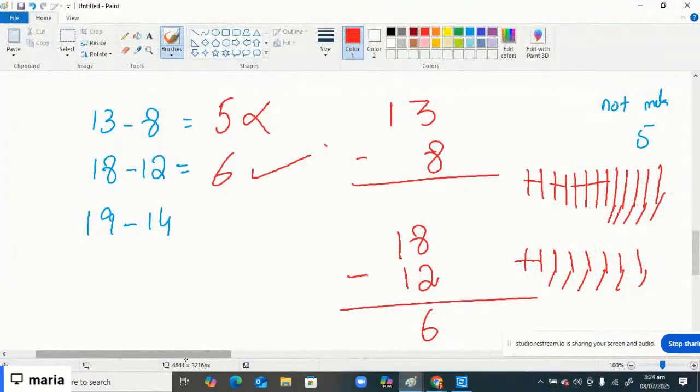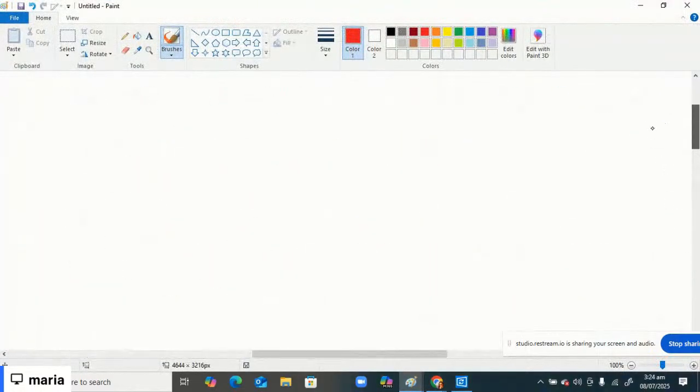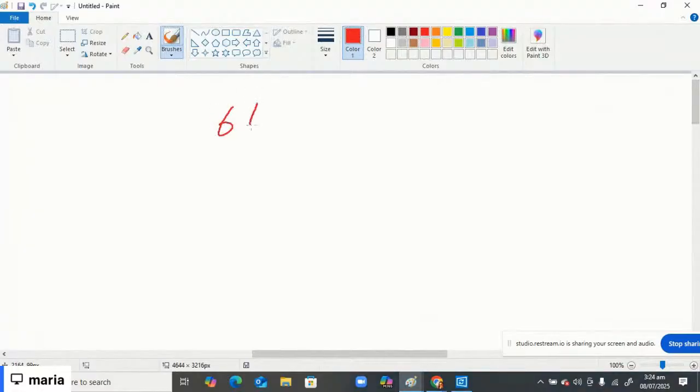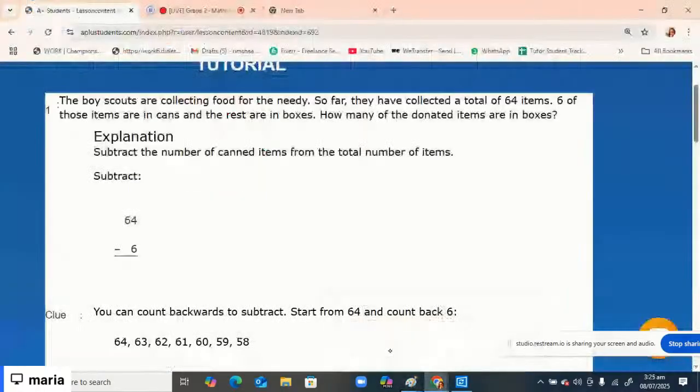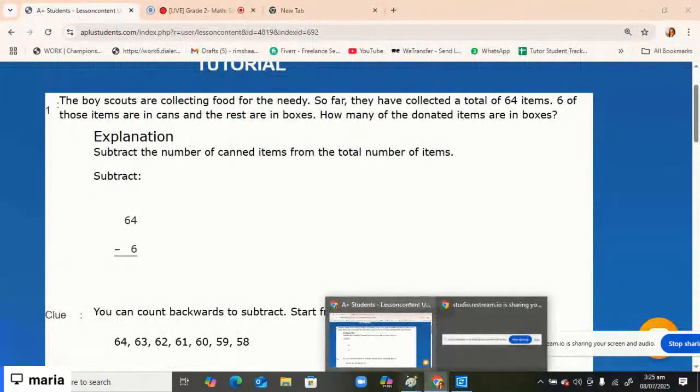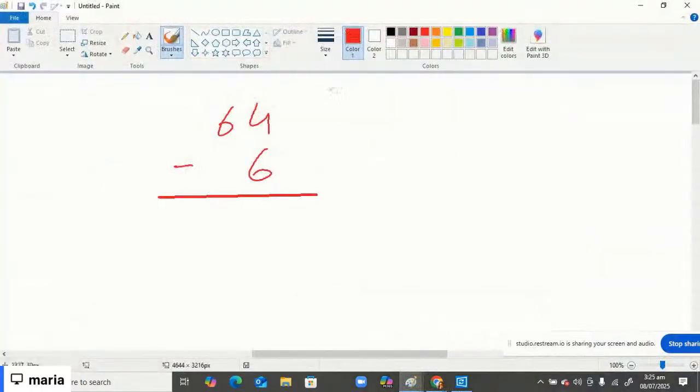So we are subtracting 6 from the total. 64 minus 6. This is the total, and 6 is for the cans and the rest are in the boxes. So we're finding out the rest, because they are asking how many items are in the boxes.